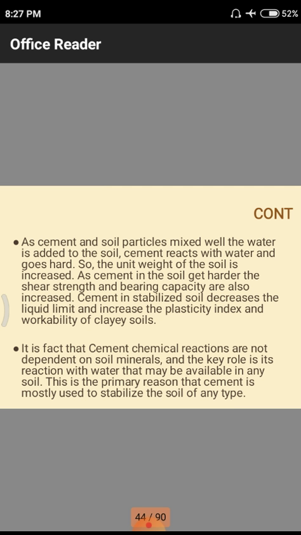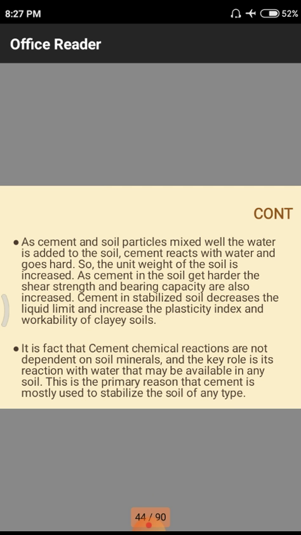In fact, the cement chemical reactions do not depend upon the soil minerals, only upon the fineness of the particles and the reaction time with the water.